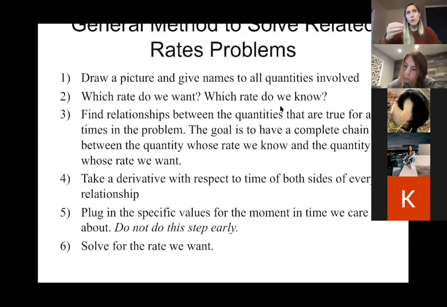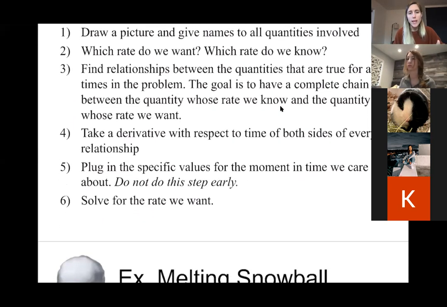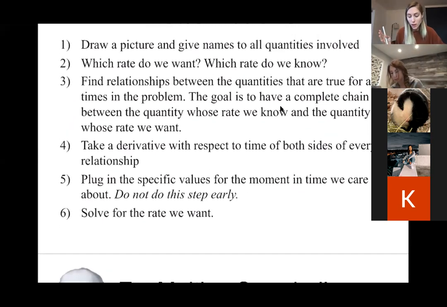So you could plug in the value of the radius if you wanted to, because that quantity would not be changing as time is passing. That's the only time you can plug in a value before you differentiate. And then you want to solve for the rate that you are looking for.